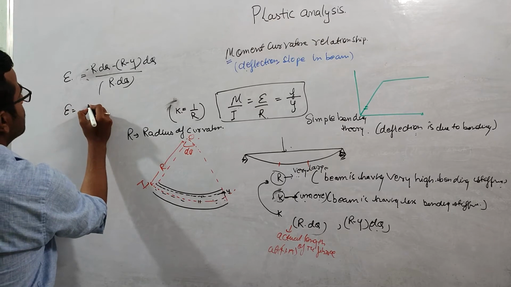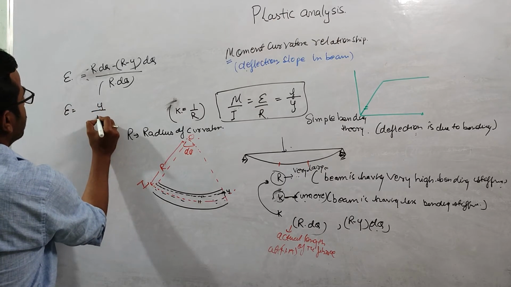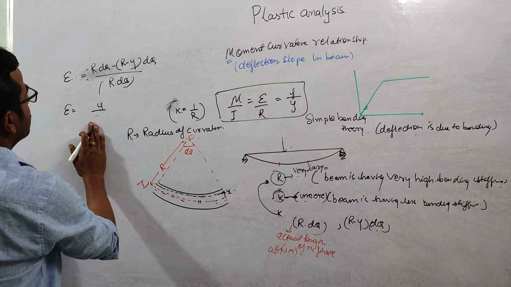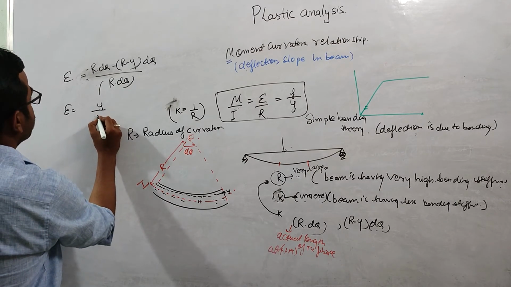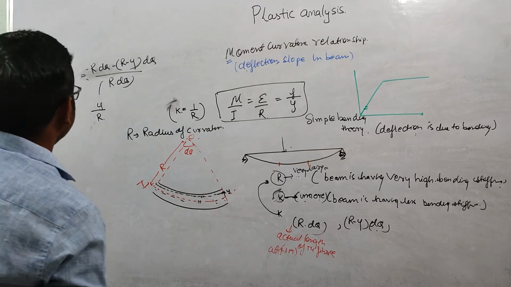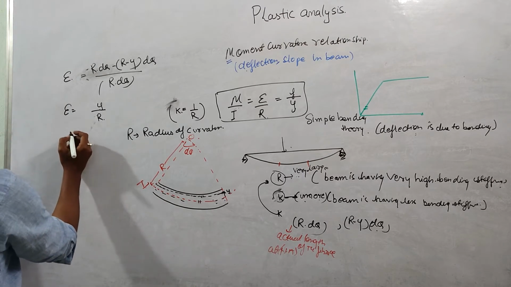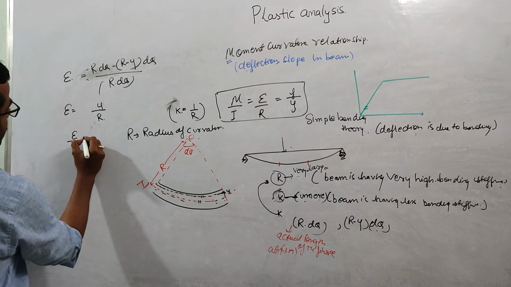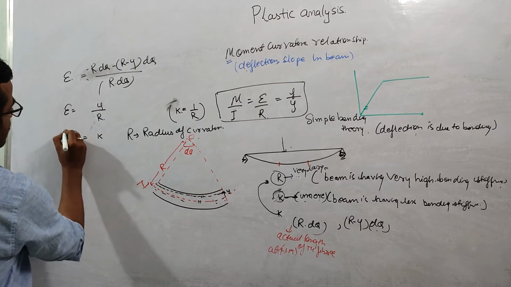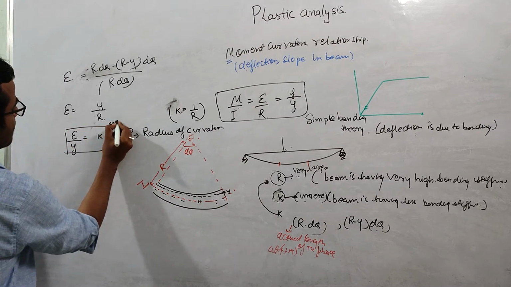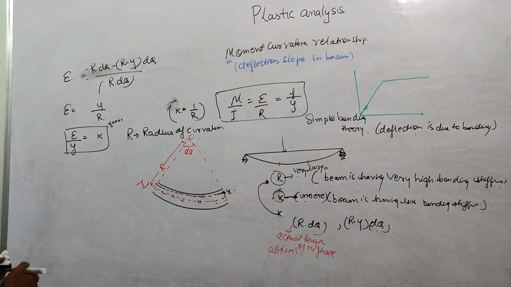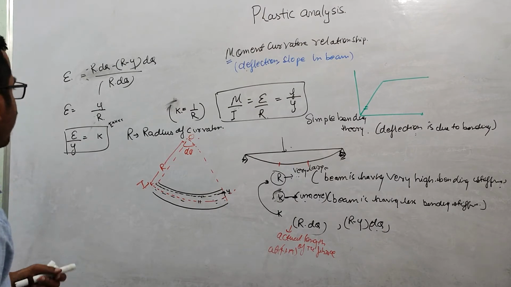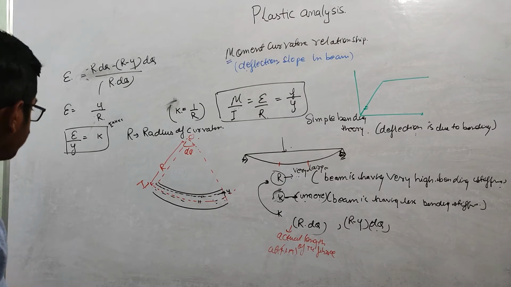This strain is equal to y over R, right? And you can say that strain is equal to y over R, this is k. So this is the relation which we are getting.